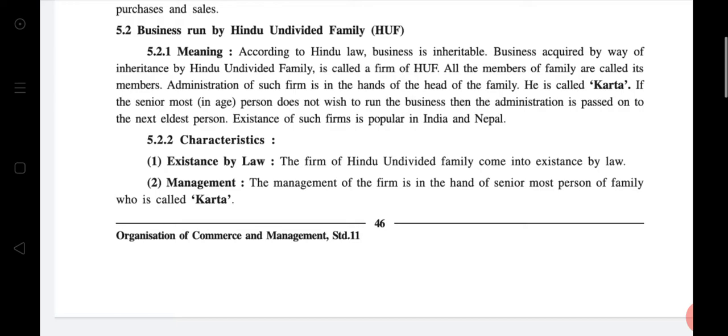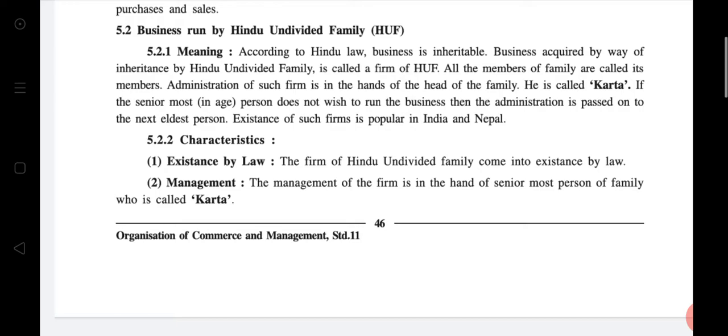Okay, clear? So here we did the revision of sole proprietorship and then HUF, Hindu undivided family. According to Hindu law, this type of business is inheritable. So business acquired by way of inheritance by HUF is called a form of HUF. All the members of the family are called its members and the head of the family is called Karta, who administers such a firm.